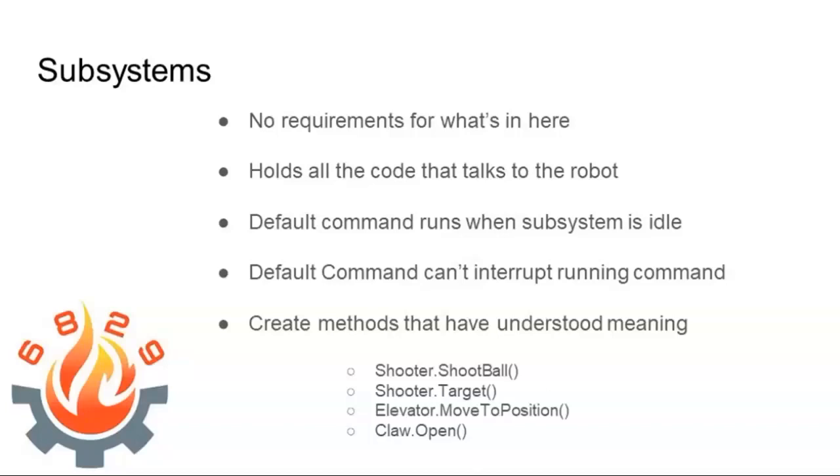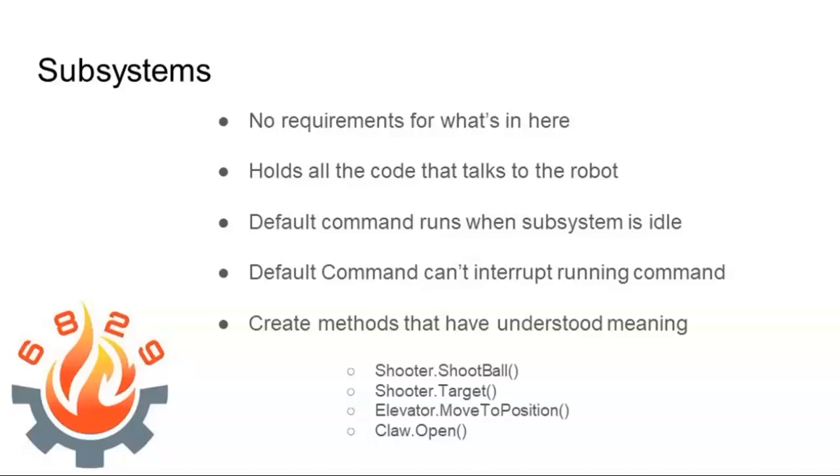I will give you a hint. The default command a lot of time is used for the drivetrain, right? So the joysticks, when nothing's going on, you're driving the drivetrain. Tell me any ideas where you think the default command running and another command being triggered might be a problem in programming. So think about that, and I'll talk about it here in a second, all right?